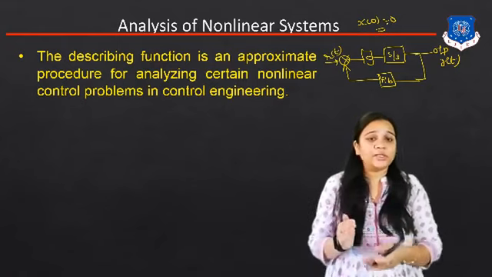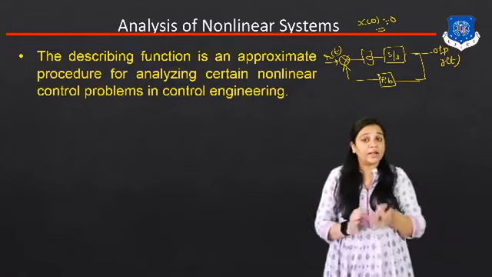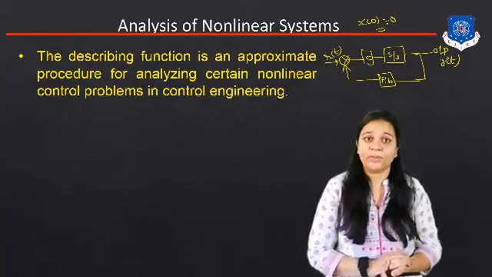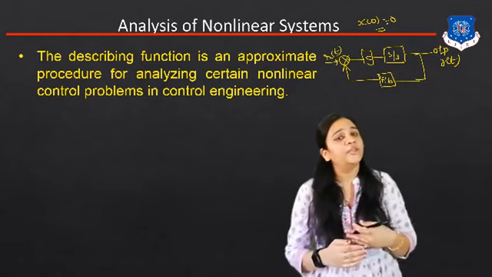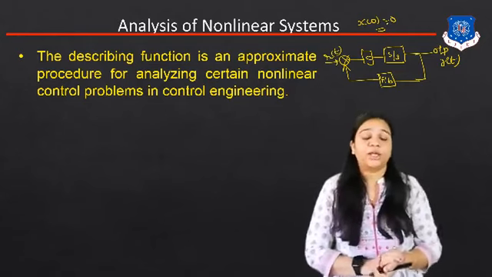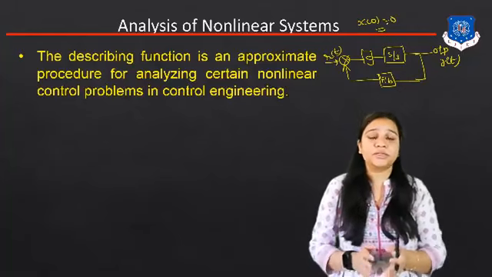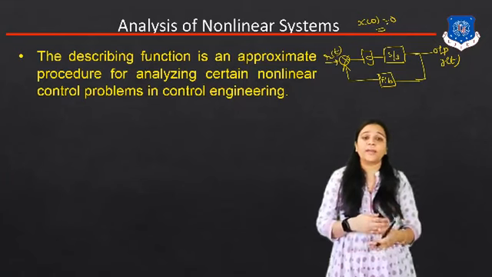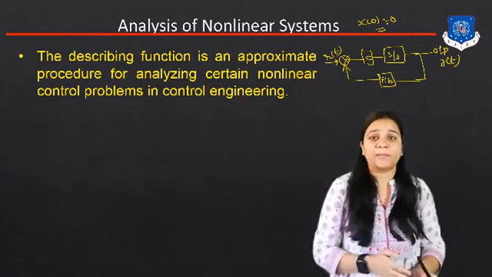In a nonlinear system, any change in the initial condition will affect the output of the system. So if we change the initial condition, the output data will change. The third thing is that for a nonlinear system we cannot apply the Z transform method or the Laplace method.